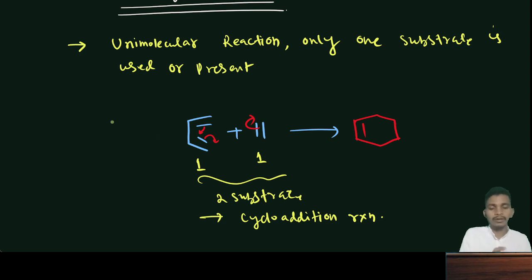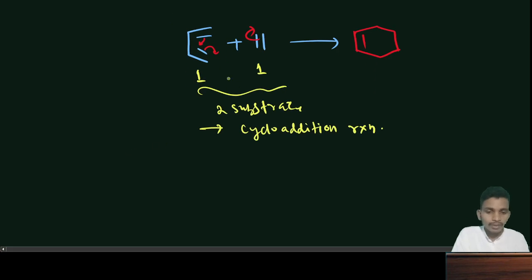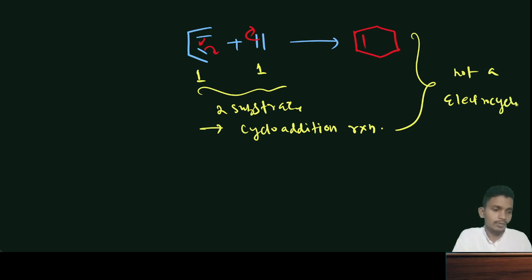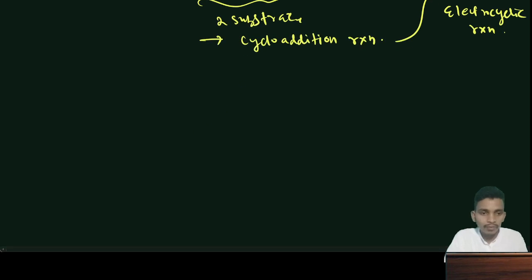Now for electrocyclic reactions, it is a unimolecular reaction. It means that only one substrate is used. Here two substrates are there, so this is not an electrocyclic reaction. Only one substrate is there, for example this one.